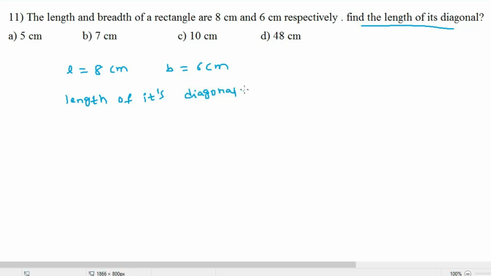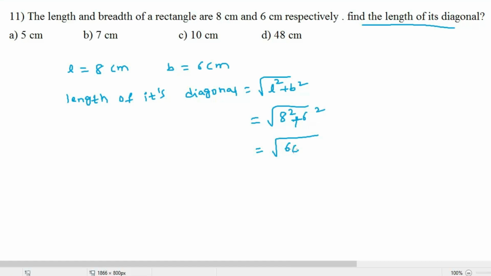Length of its diagonal equal to under root of length square plus breadth square. Length square 8 square plus breadth square is 6 square. Root of 8 square is 64 plus 6 square is 36, equal to root of 64 plus 36, 100.